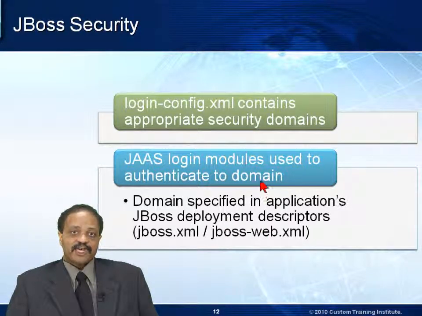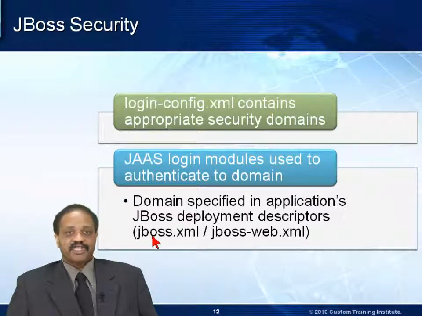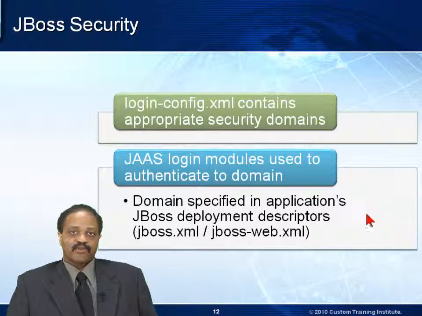The appropriate domains get specified in the application's JBoss deployment descriptors. And the deployment descriptors can be found either in jboss.xml, or for the web side, jboss-web.xml. So we'll take a look at these two deployment descriptors as well as login-config.xml to look at the appropriate domains.